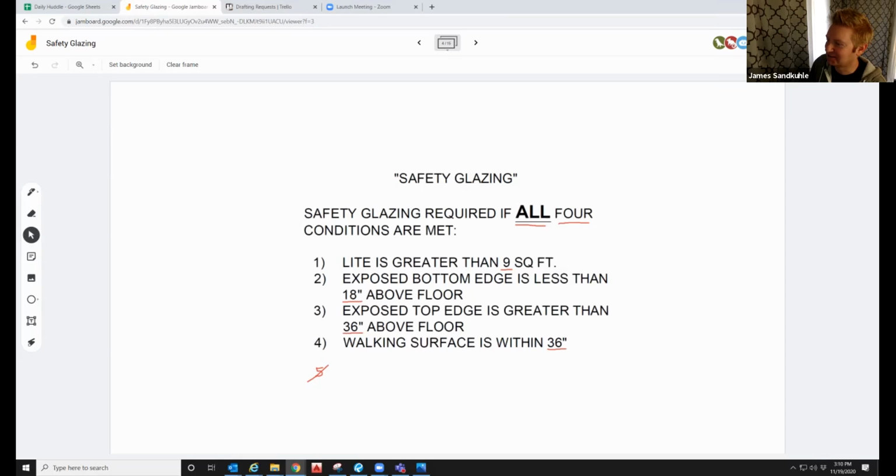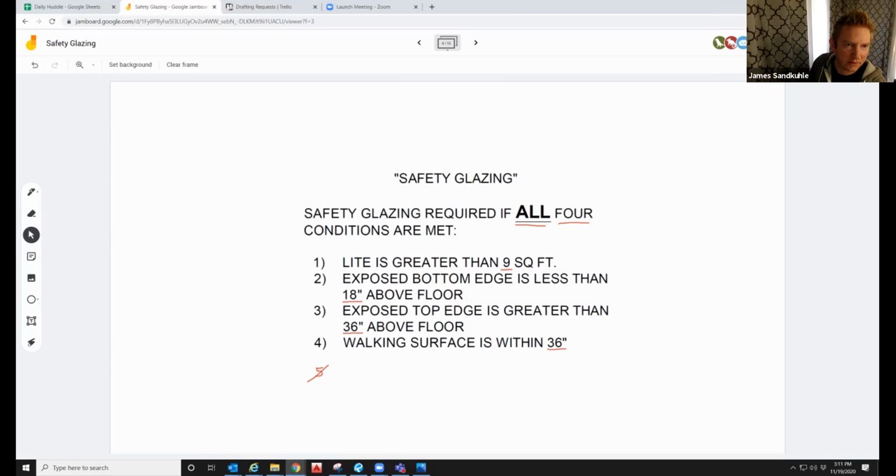Until I worked on a project and I was safety glazing a lot of the lights, someone corrected me, like, what are you doing? I had to go back and read this and it was like, oh, all items. So that was one mistake that I learned in my earlier days at Walters and Wolf.